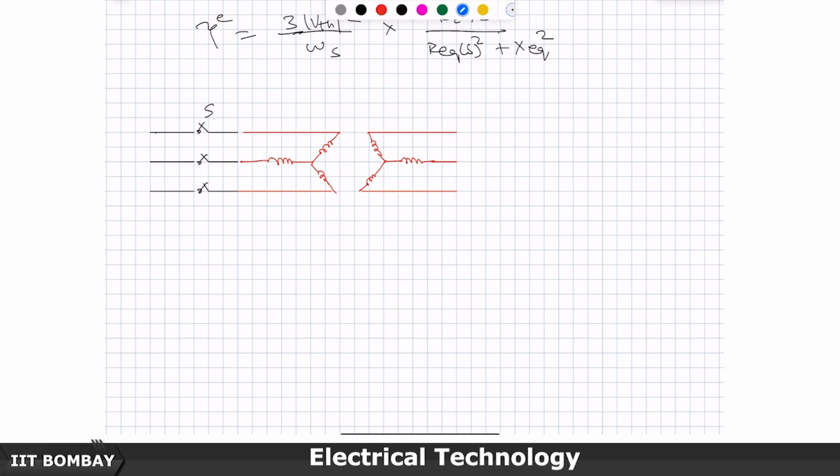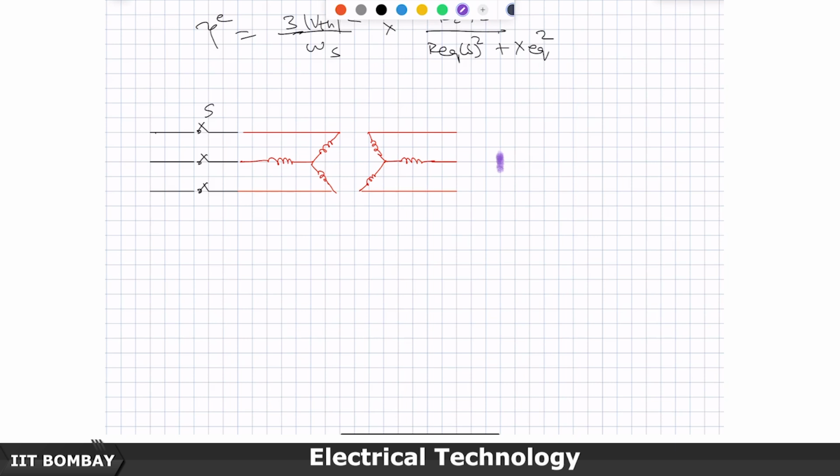You can think of these being connected to some kind of brushes, maybe a good way could be this itself. This is one brush, this is another brush, this is the third brush. Not really brush, actually I wanted to draw slip ring.